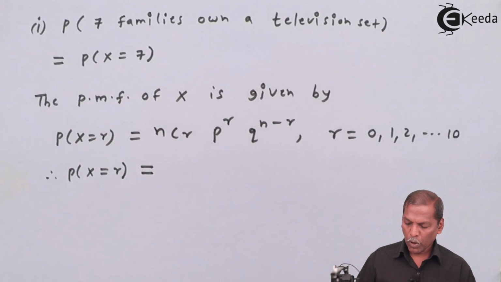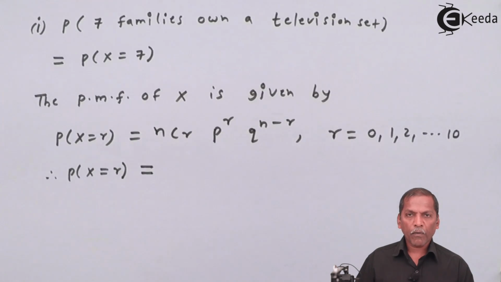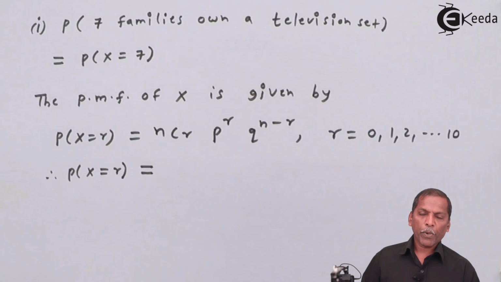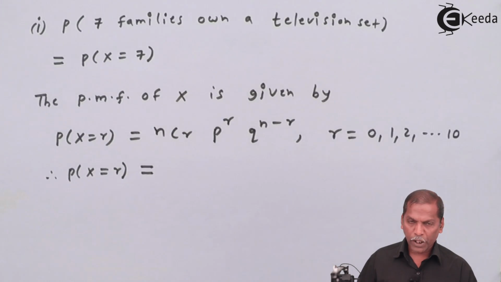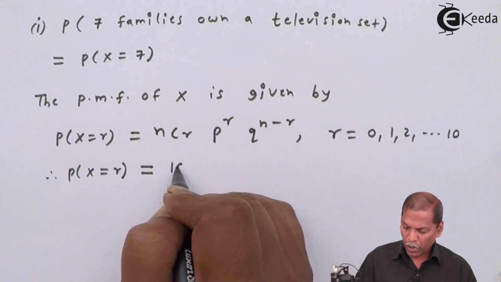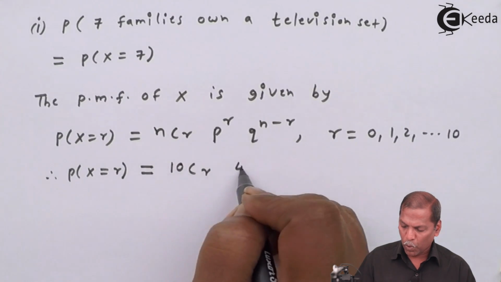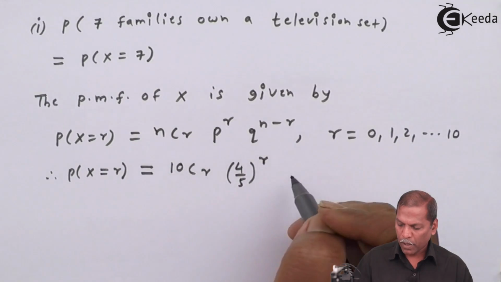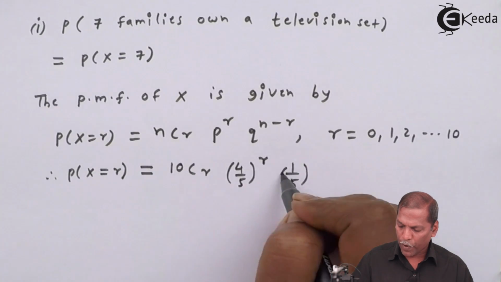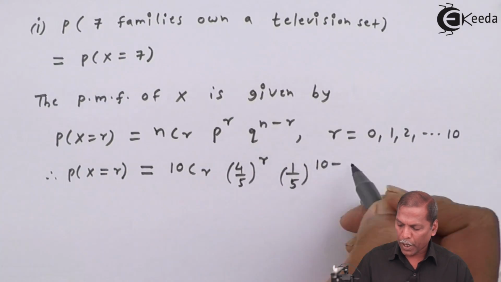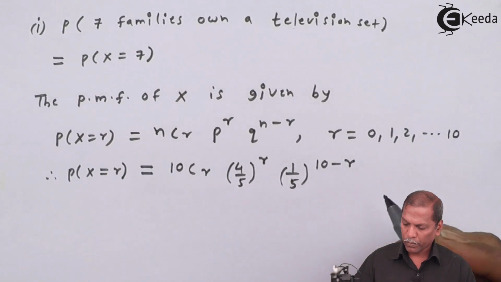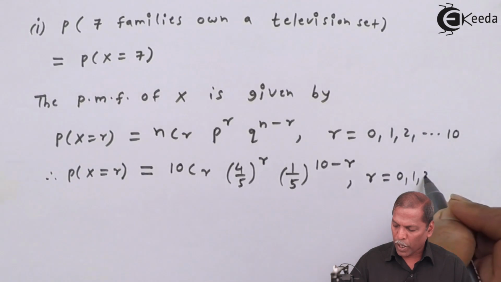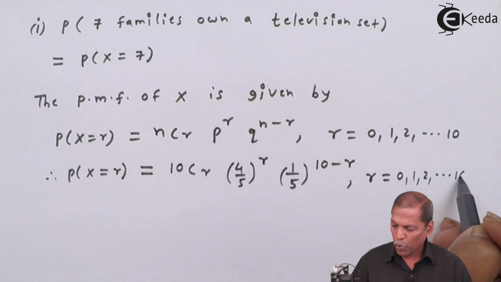Is equal to, for n we substitute 10, for p we substitute 4 upon 5, and for q we replace 1 upon 5. So the next step will be 10Cr into 4 upon 5 whole bracket raise r into 1 upon 5 whole bracket raise 10 minus r, where r takes values 0, 1, 2 up to 10.